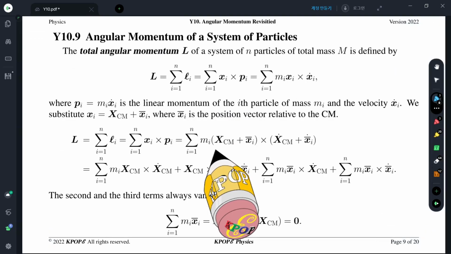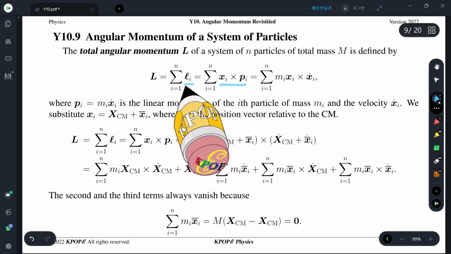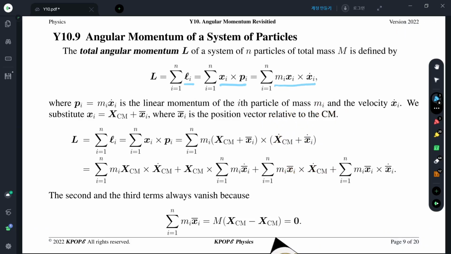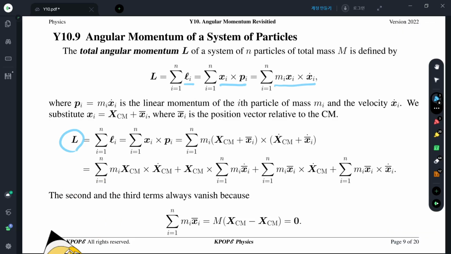What happens if we collect many particles in a system and consider the sum of angular momentum of each particle? Then it can be written in this form. The total angular momentum can be expressed in the center of mass frame, at which the center of mass is at the origin.